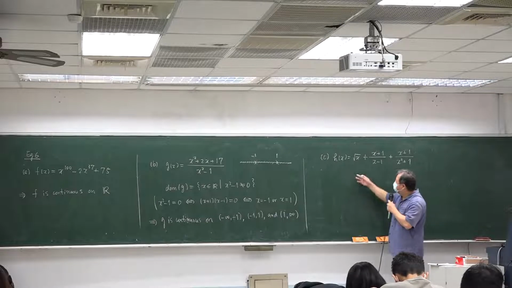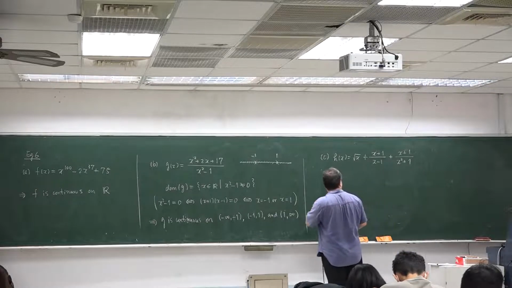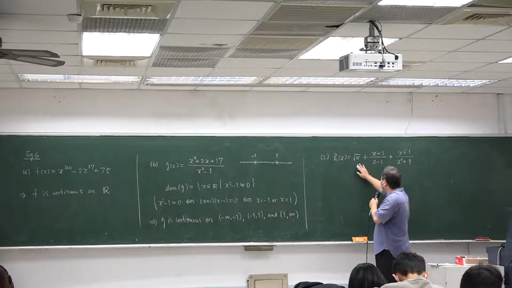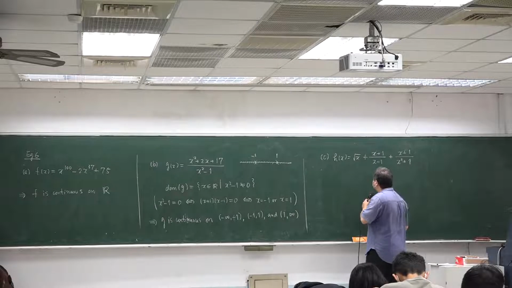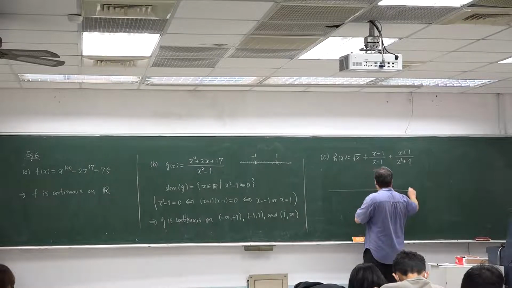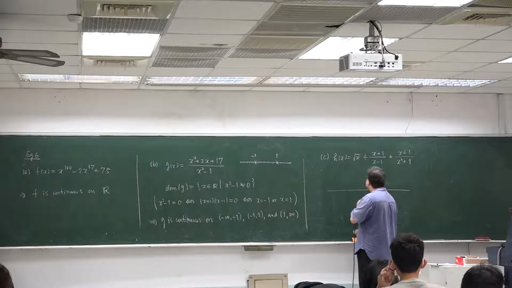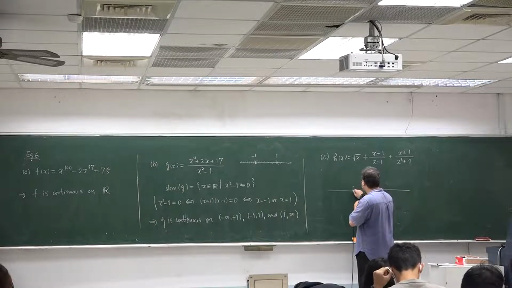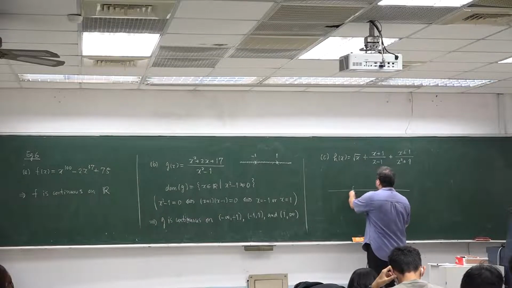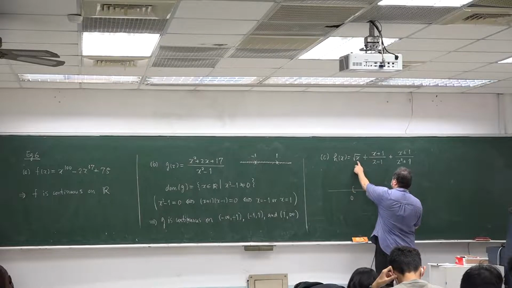For part C, this function is a sum of 3 functions. The first one is the square root function. The domain of this function is the ray from the origin to the right direction.